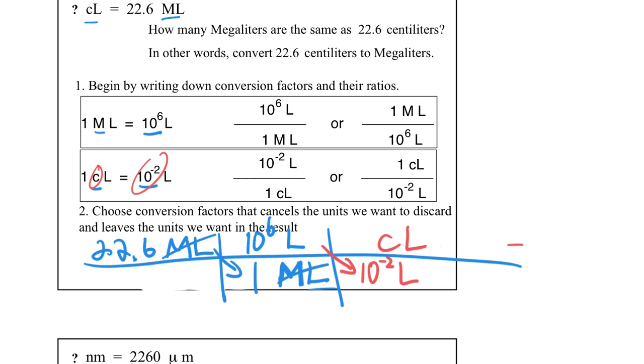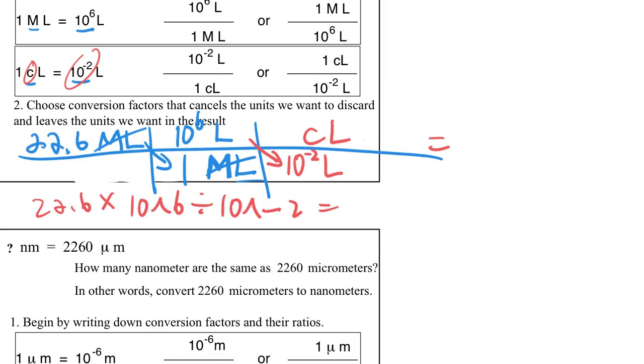And I use my calculator to do 22.6 times 10 caret 6 divided by 10 caret negative 2. Make sure you push the negative in parentheses sign on your calculator, which is on the bottom row. Gets this big giant number, 226 with 7 zeros.